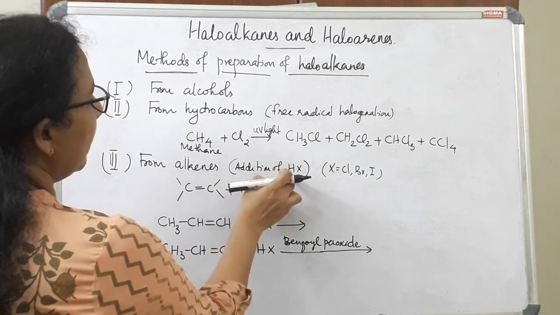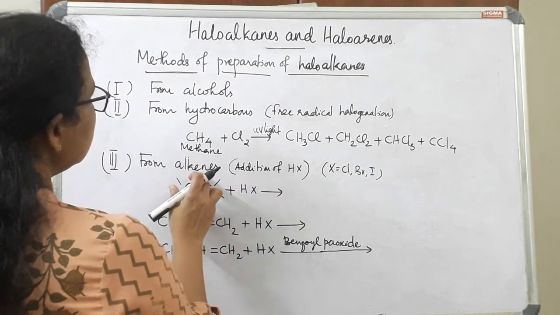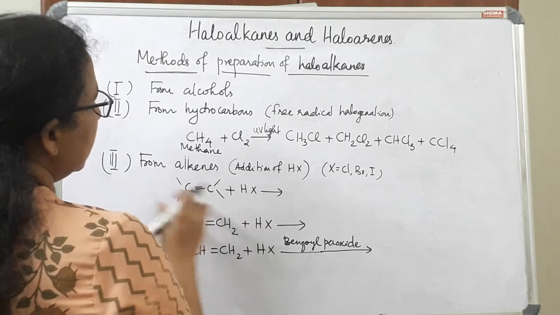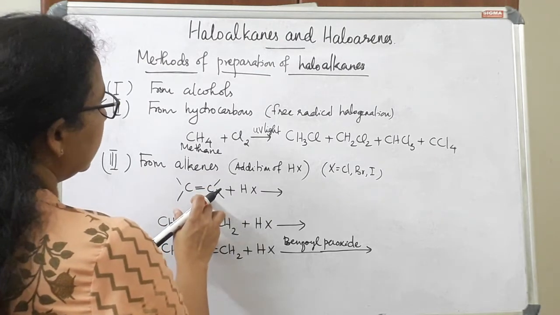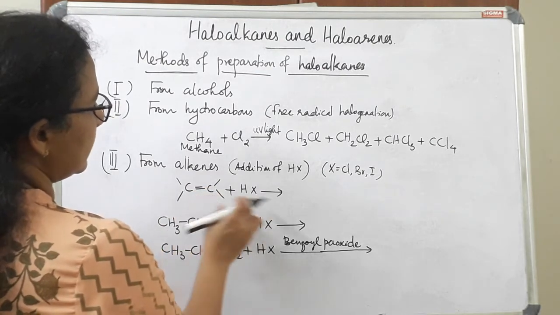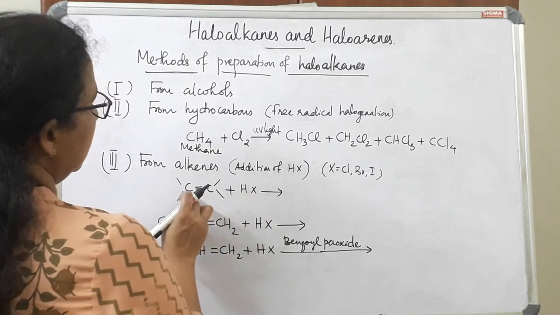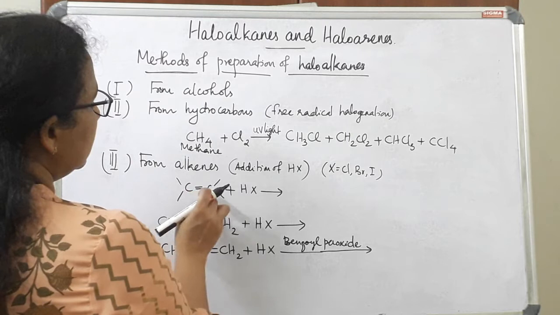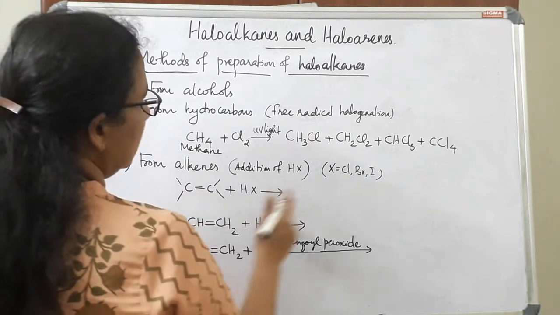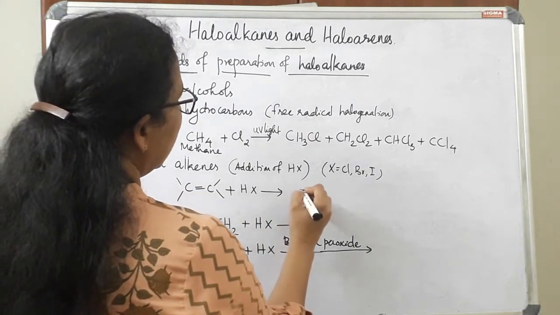So addition of hydrogen halide on alkenes. So this is an addition reaction. Since it is an alkene, we can expect an addition reaction. So if HX or hydrogen halide is added to alkene, we will get alkyl halide.